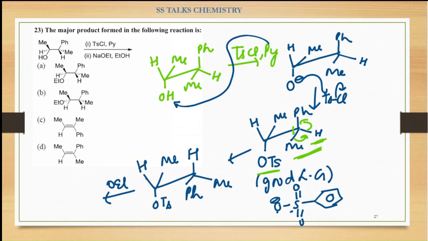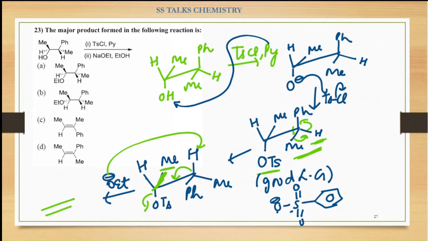So the OEt negative, from the NaOEt ethanol mixture that I am having, will abstract this particular proton from here. This electron density will be shifted, and this OTs group is going to leave from here. So basically you are getting an alkene formation over here. Now we have to focus upon the substituents which are attached to it. The methyl group here is present on the wedge position.